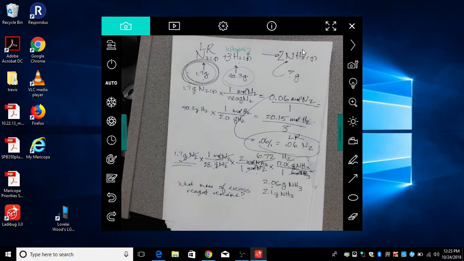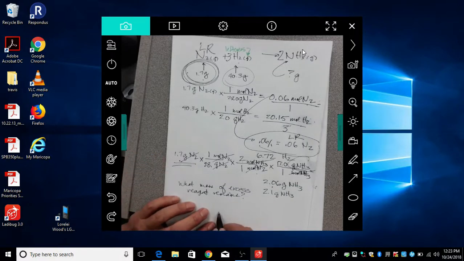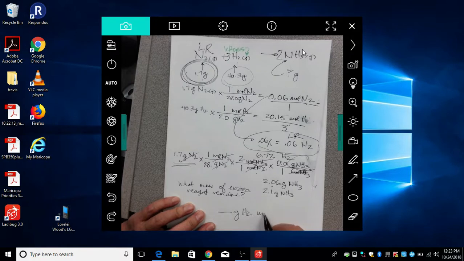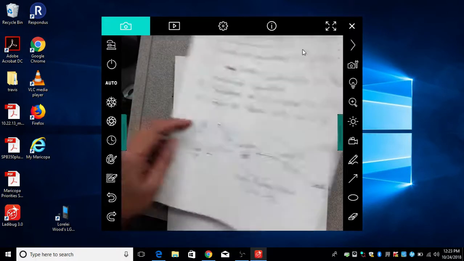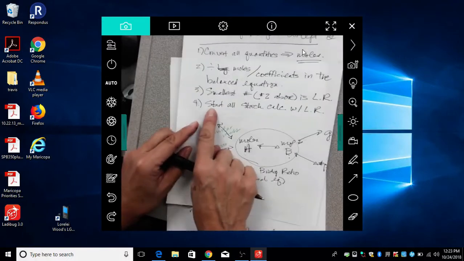What's that? Find out how much was used, absolutely. So if we want to find out how much was used, we'd need to find out how many grams of H2 were used. Same thing, same rule applies. Start all stoichiometric calculations with the limiting reagent, the thing that runs out, right? So what's the limiting reagent in this problem again?